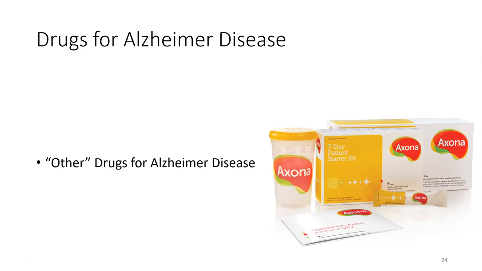If you ever take biology or A&P and you learn about nerve cells, Axona kind of makes sense. This is actually a nutritional supplement, and it contains a medium chain fatty acid. And these fatty acids produce ketones in the body that help stimulate nerve cells to produce energy in the brain. This is not a common drug.